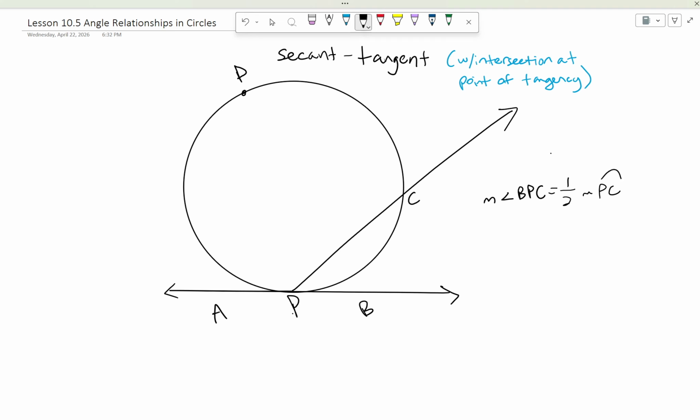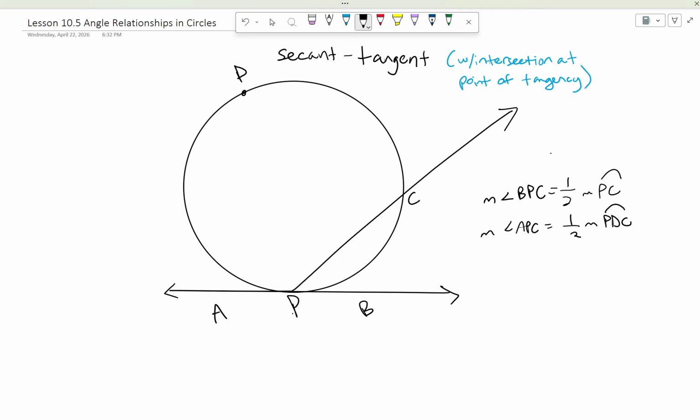All right. And then that major angle APC is equal to 1/2 the measure of PDC, this intercepting arc. Okay. Pretty straightforward. It's just half.